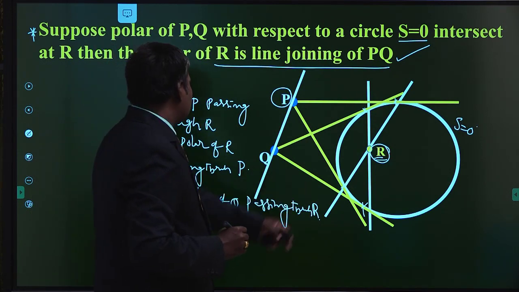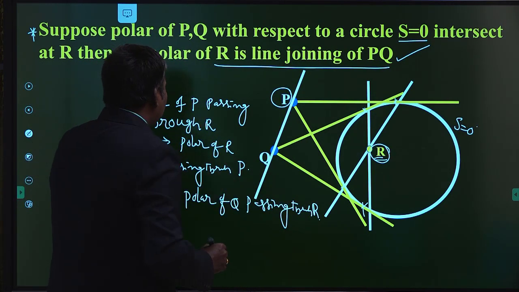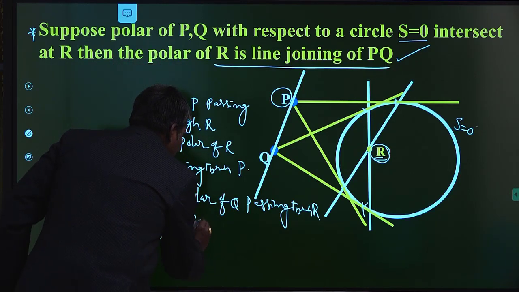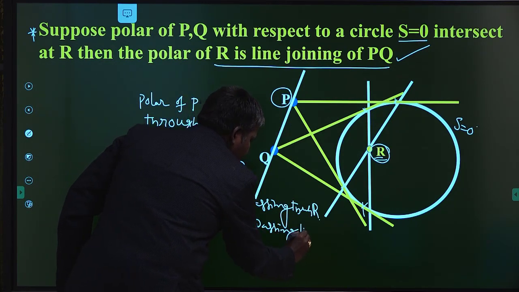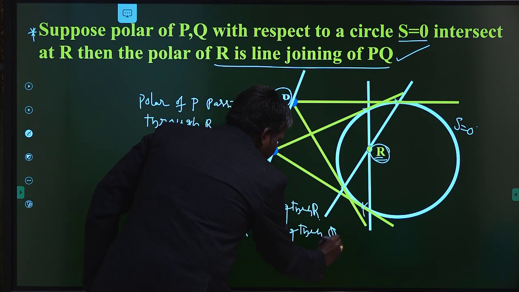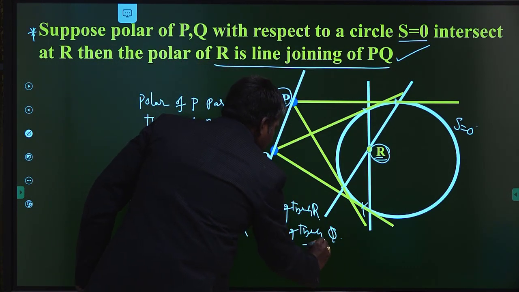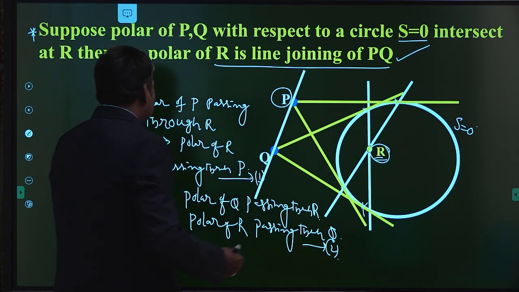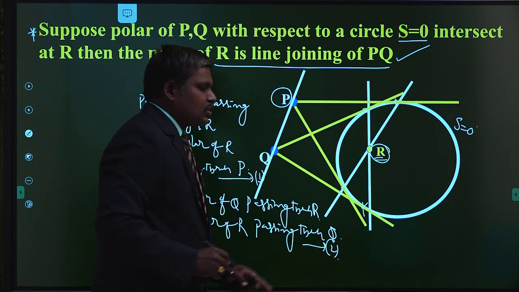Polar of Q passing through R implies polar of R passing through Q. See here, this is result 1, this is result 2. Read both the results at a time: polar of R passing through P, polar of R passing through Q.